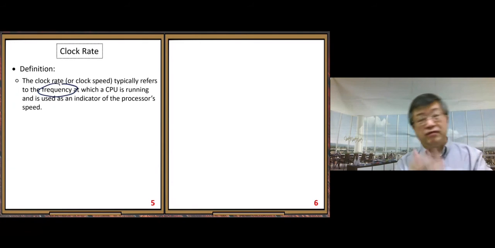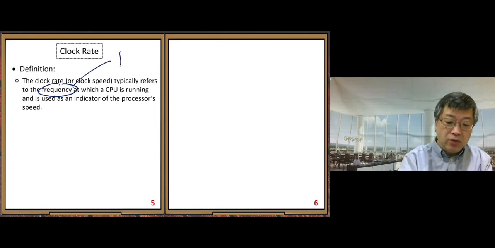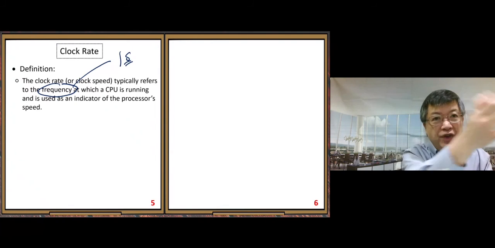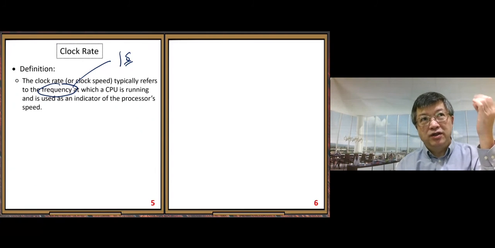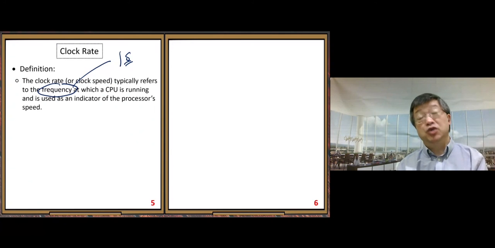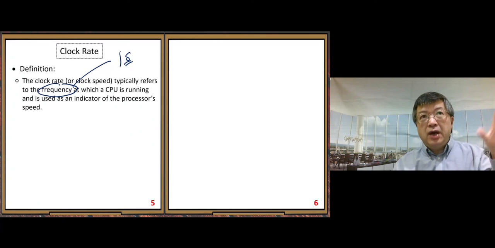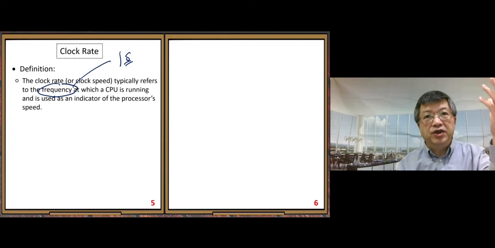When we talk about frequency, usually we mean how many times in just 1 second this thing happens. So here, in 1 second, how many clock cycles do we have? That's the definition of the clock rate.